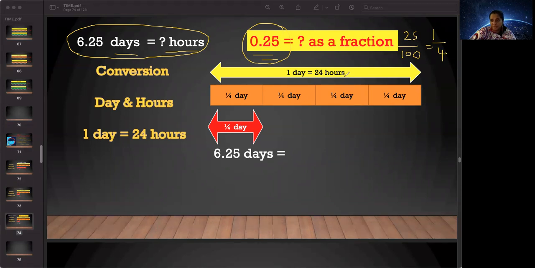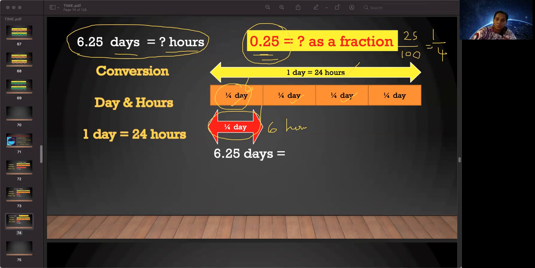So 1 day is 24 hours. Divide your 24 into 4 parts, quarter, quarter, quarter. So 0.25 is just 1/4. So 24 divided by 4 would be 6 hours. So 0.25 is actually just 6 hours of the day, which is just a quarter of the day.